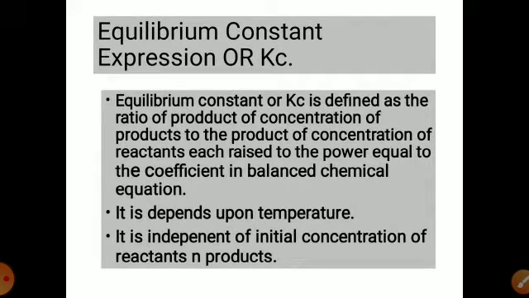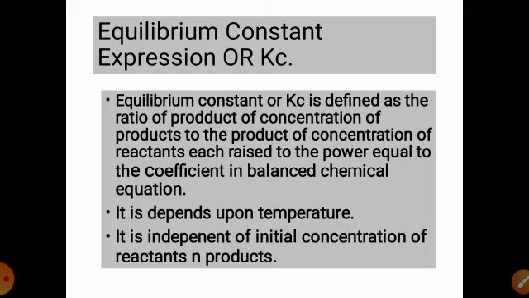Now the definition of the equilibrium constant expression or Kc. The equilibrium constant Kc is defined as the ratio of the product of concentrations of products to the product of concentrations of reactants, each raised to a power equal to the coefficient, or the number of moles, in a balanced chemical equation.